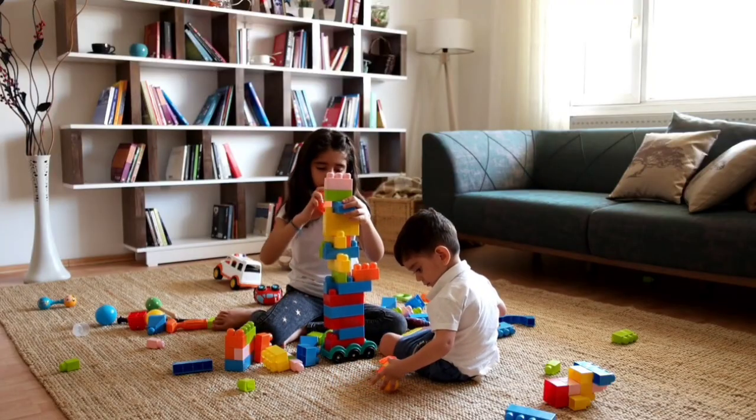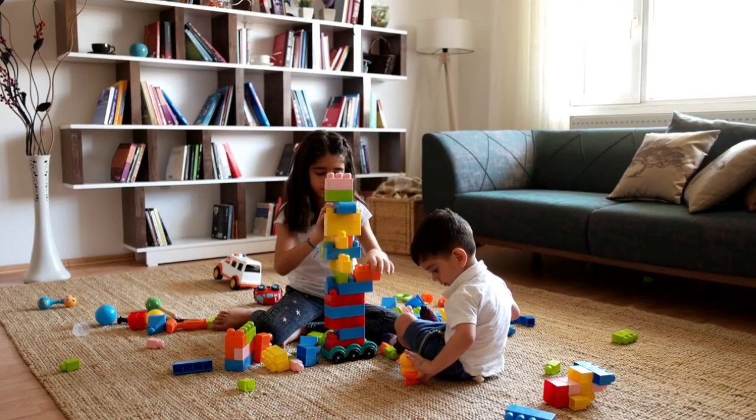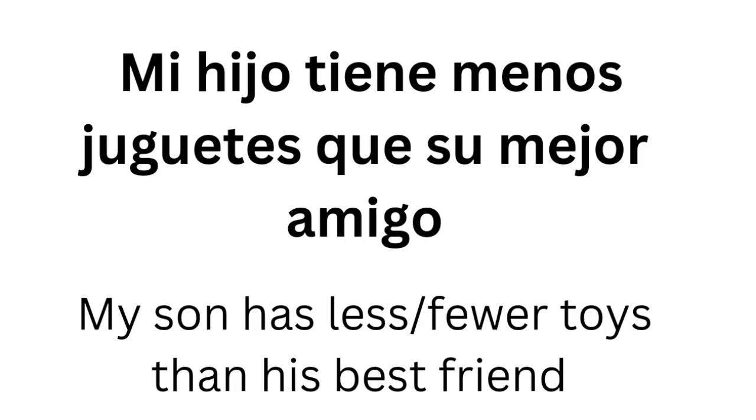So again, we're talking about toys or possessions, so we have to use the verb tener in this particular comparison. So mi hijo tiene, we're saying he has less, so we use menos, juguetes, que, than his best friend, que su mejor amigo. Good job.